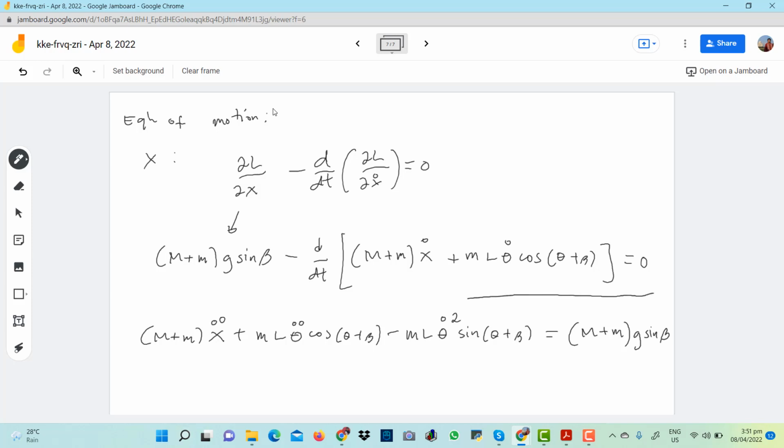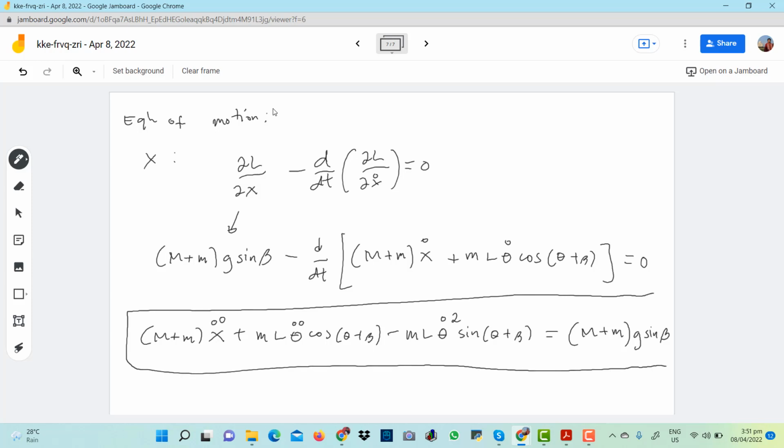Okay? This is now my equation of motion in terms of x. Of course na siya acceleration, linear acceleration. This is for x double dot is my linear acceleration, theta double dot is my angular acceleration, and doon na po ko kani siya is v square. Okay, this is v square.